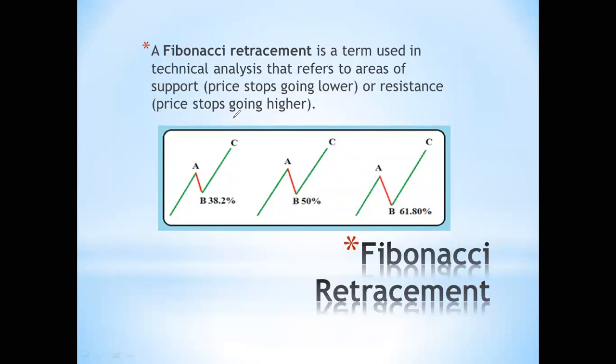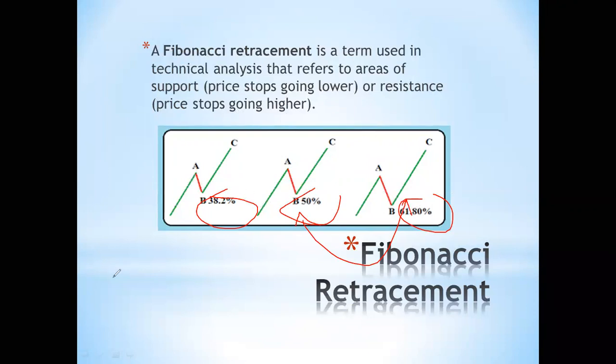Now, there are three main levels that you can have a look at, and I think you can start with the 38.2, 50, and the 61.8. These have a bit more weight for me because at the 50 and 61.8, the market could potentially reverse.